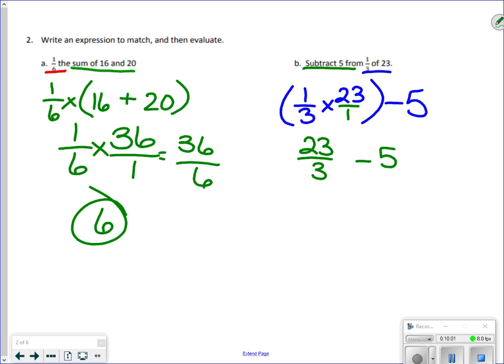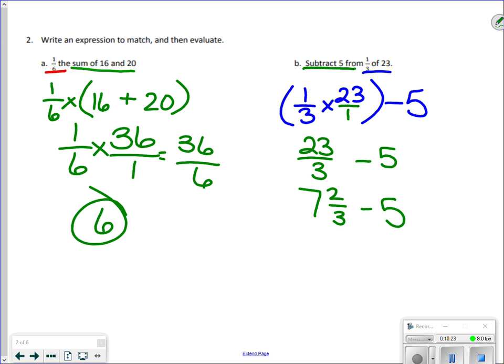Now I've got minus 5. Well, I can't really do that right now. So I'm going to turn this into a mixed fraction. So 7 2/3. You should be able to get a mixed fraction right now. You should know how to do that. Now, minus 5.